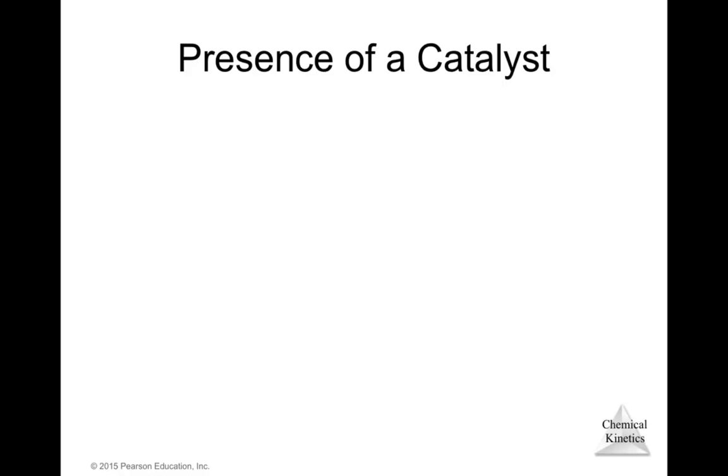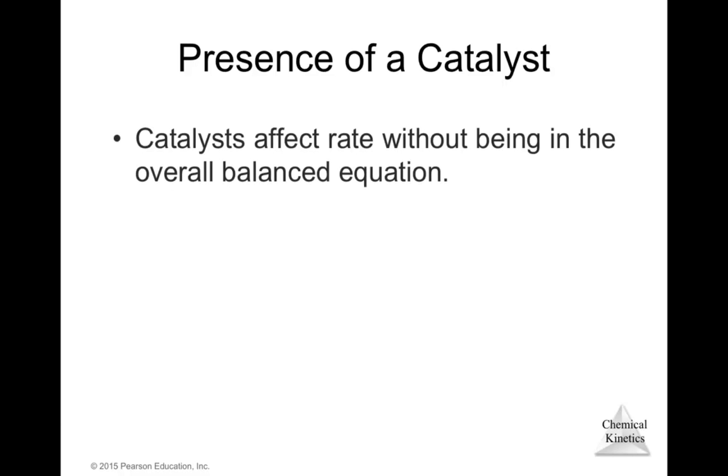And the fourth is the presence of a catalyst. Catalysts affect the rate without being in the overall balanced equation. So a catalyst is a molecule or a surface that is not part of the chemical reaction but helps to increase the rate of that chemical reaction, but it doesn't take part in the reaction.